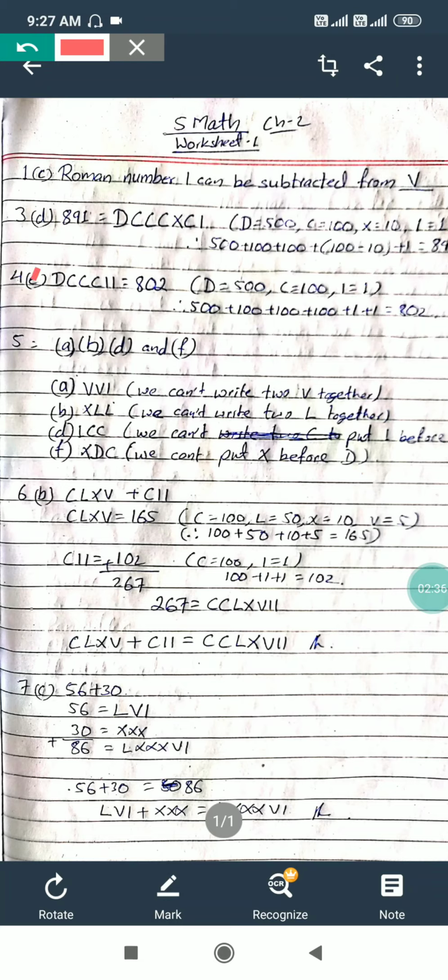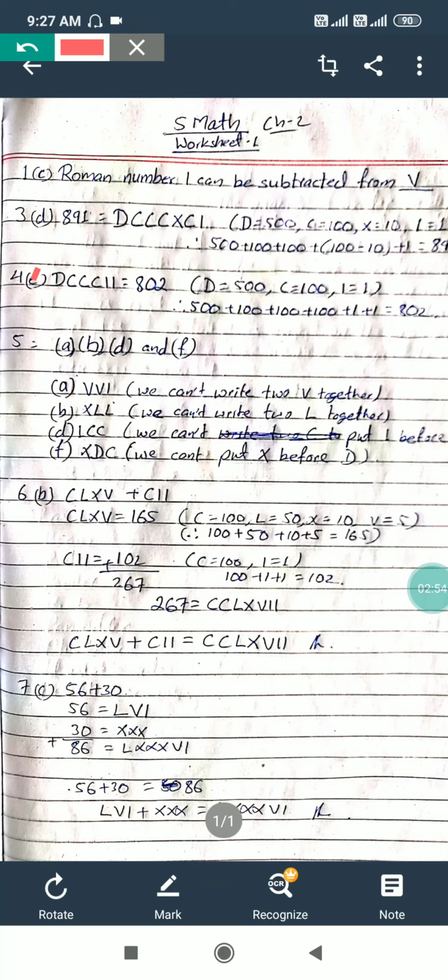Question number 4E is asking DCCCII, and it would be written in Hindu-Arabic as 802. How is it possible to write 802?